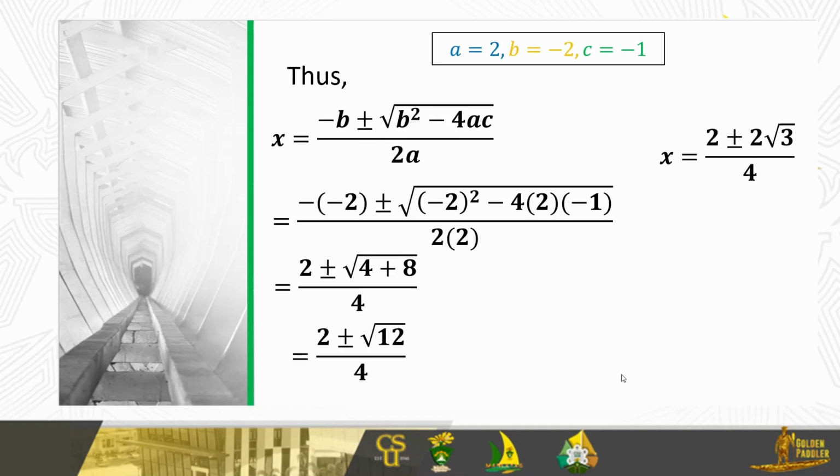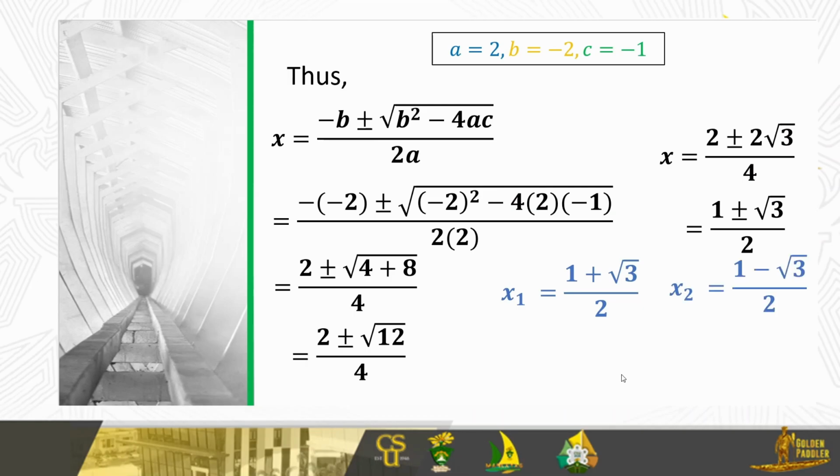And so our x is equal to 2 plus or minus 2 times the square root of 3 all over 4. Simplifying this, x becomes 1 plus or minus square root of 3 all over 2. And we have these two possible values of x. We have x1 when we add square root of 3, that is 1 plus square root of 3 all over 2.